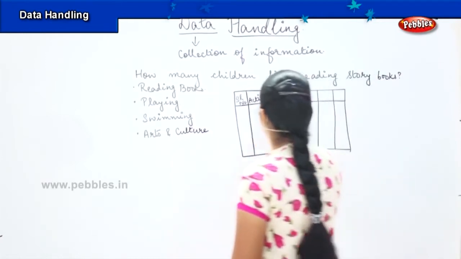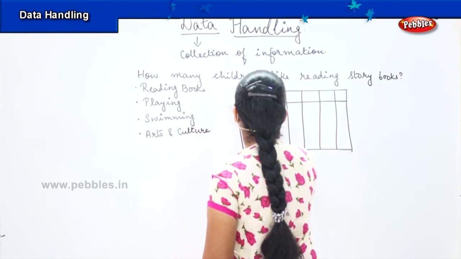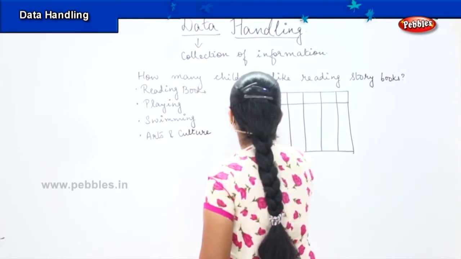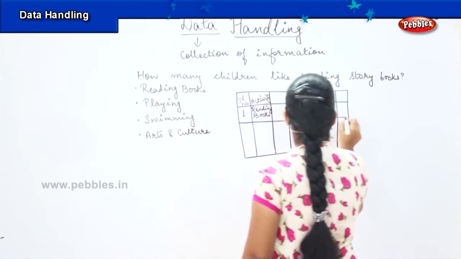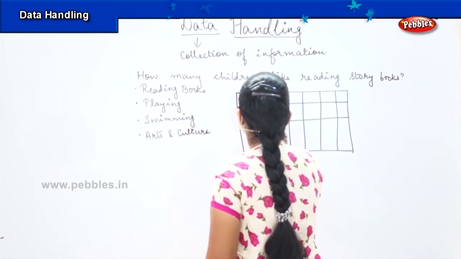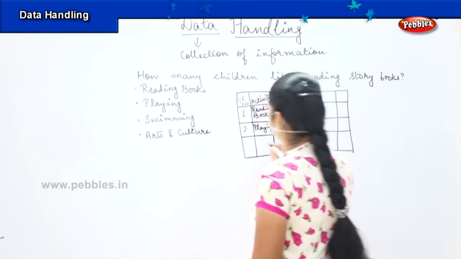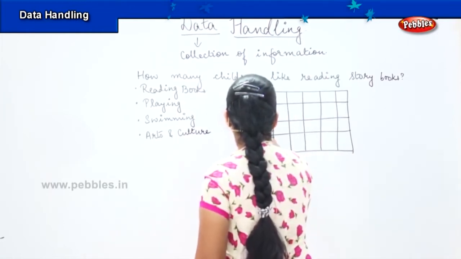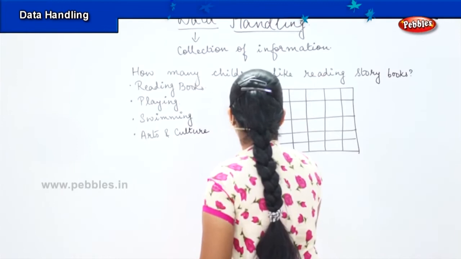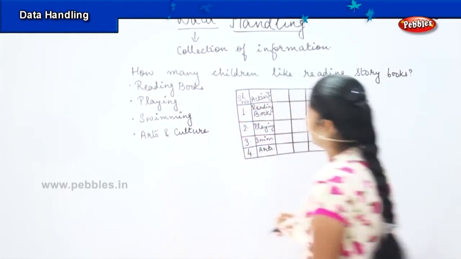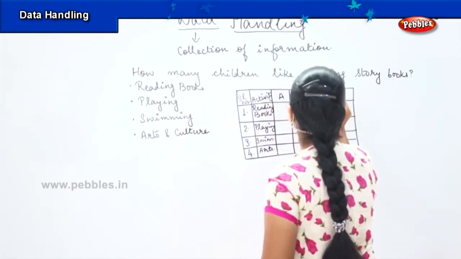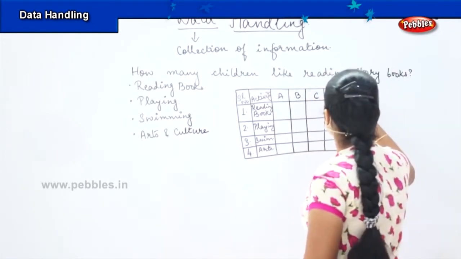So as I said, the first category is reading books, the second is playing, the third is swimming, and the last category is arts. Now here I am going to divide them into sections A, B, C and D, and this is the total.